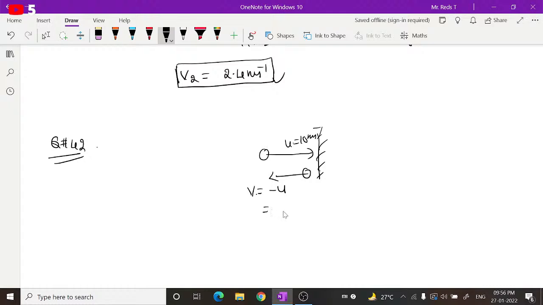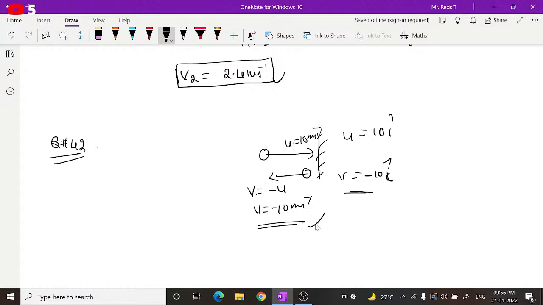The magnitude is the same, 10, but in the opposite direction. So u is equal to 10 i cap, v is equal to minus 10 i cap. So v equals minus 10 meter per second. No need to do any calculations here. That's it.